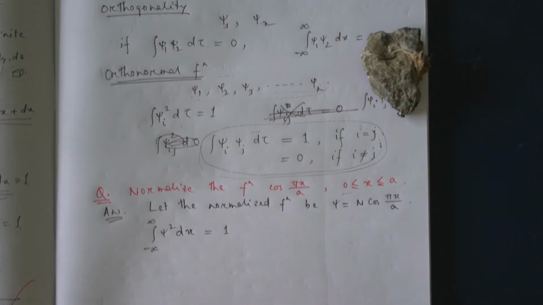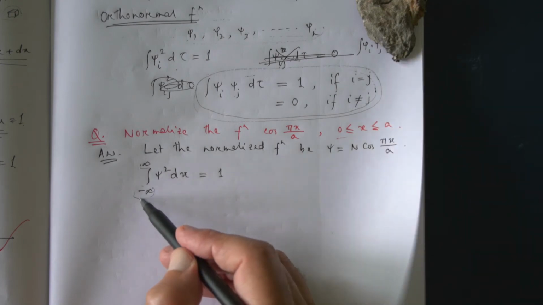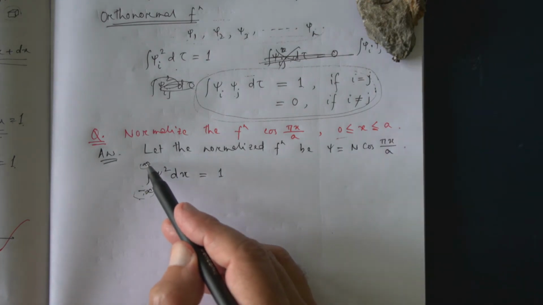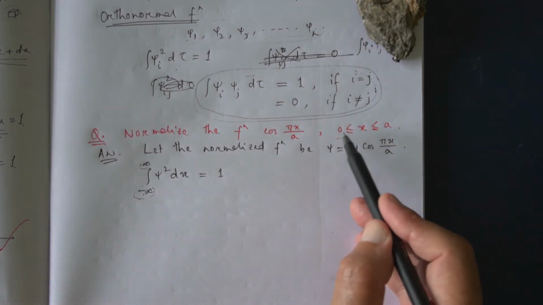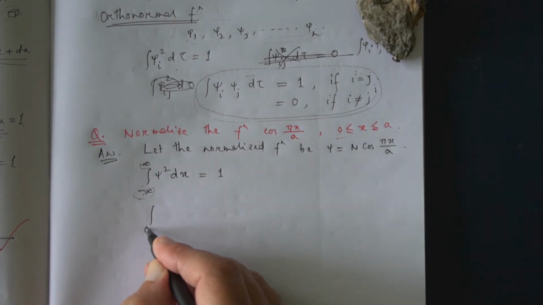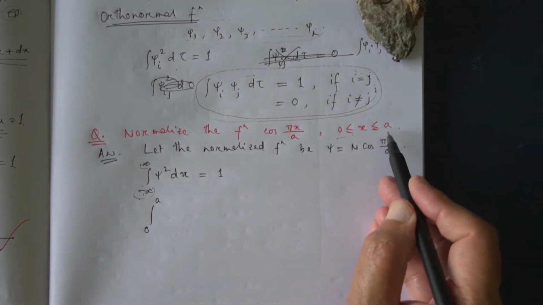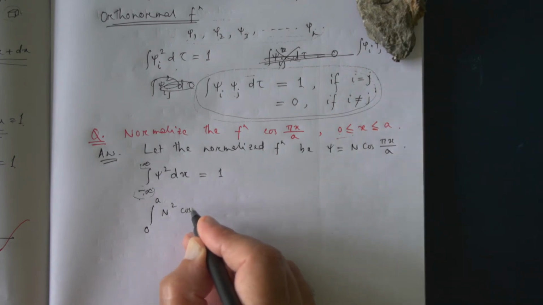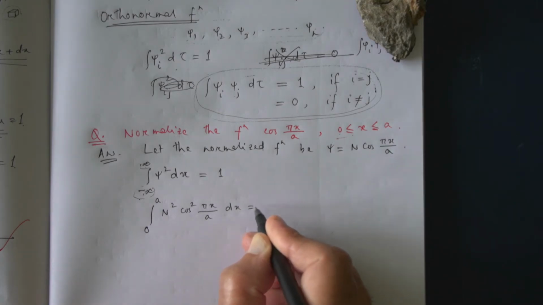But what does this limit mean? This means the maximum possible limit. Here the maximum possible limit is 0 to a. So if we apply the normalization condition, now it will be 0 to a, not minus infinity to plus infinity, because our limit is this. So n square cos square pi x by a dx is 1.